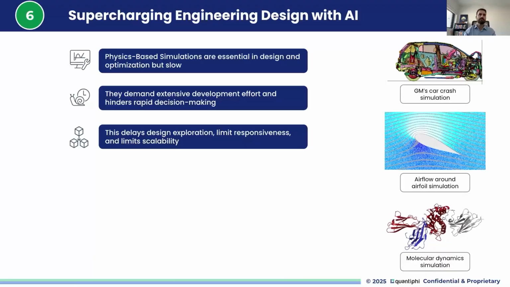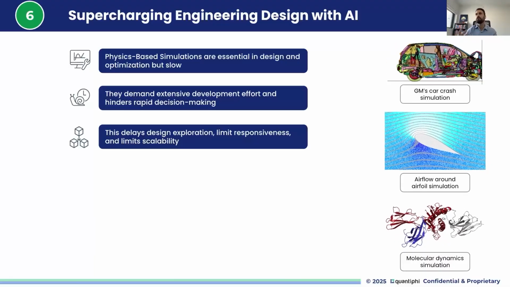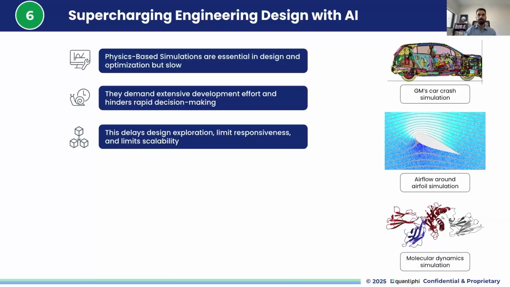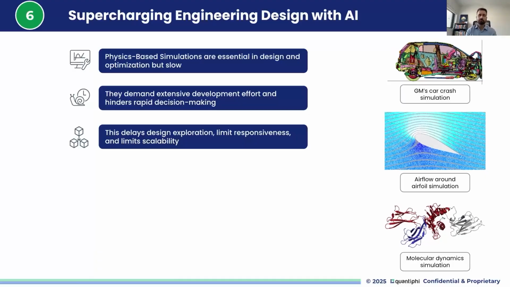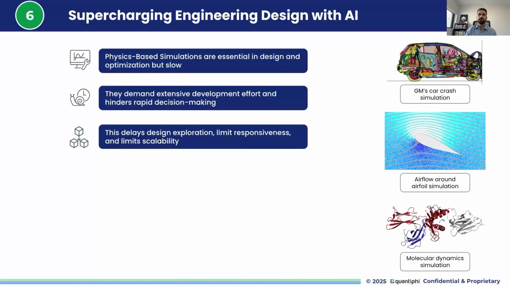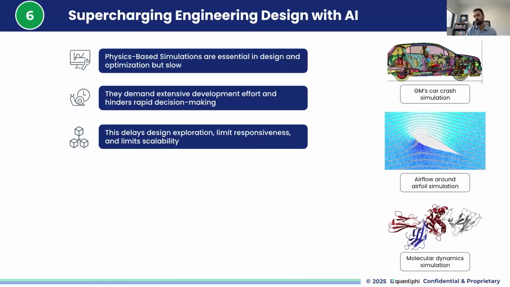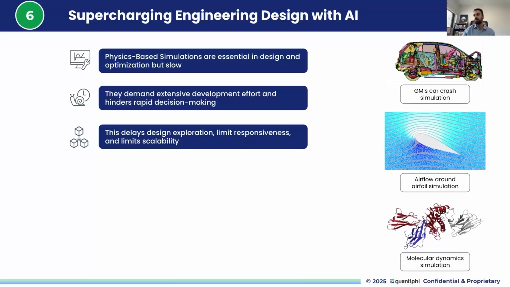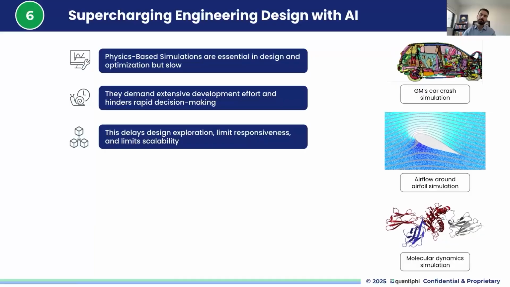And why does it matter? When we want to explore the very large design space, this becomes very slow. At the same time, it limits the factory's responsiveness to changes in the market. And of course, when we want to scale to larger, more complex problems, these simulations become slower and slower.